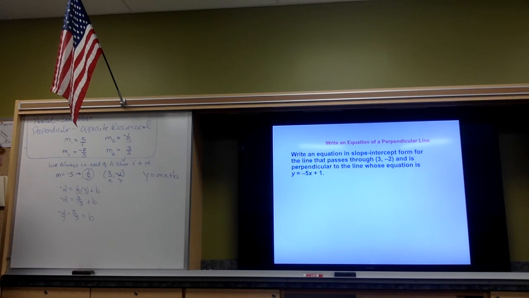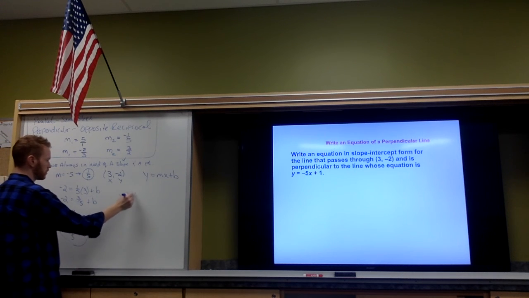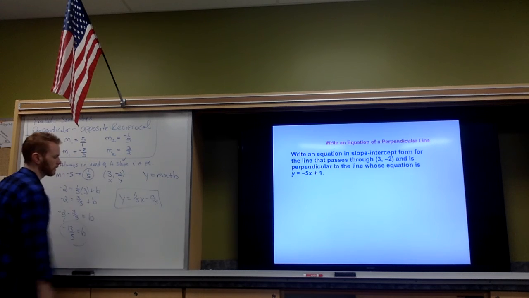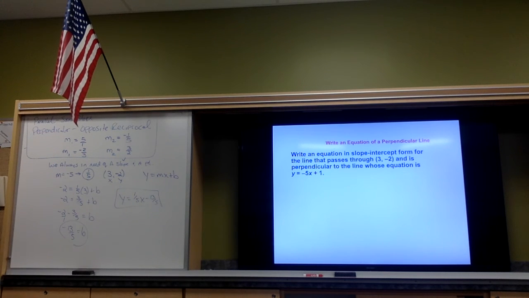I think it's just because I was always taught with improper fractions all the time. So 5 can go to make this a common denominator of 5, so that's -10. So this would be -13 over 5. That's b. So we have the slope, we have the y-intercept, put them together. So it'd be 1/5 x minus 13/5. That's my final answer.